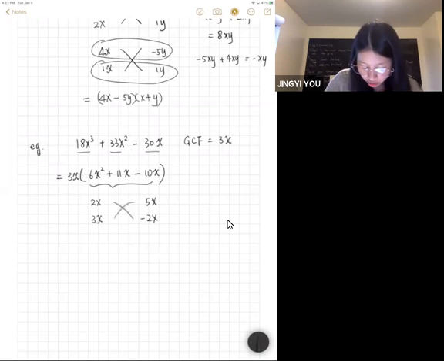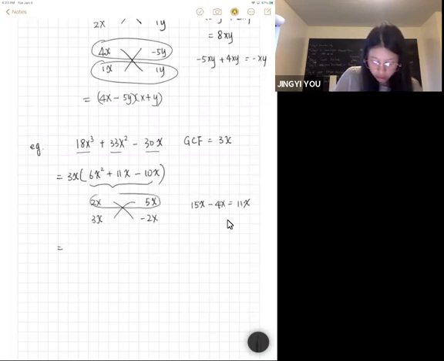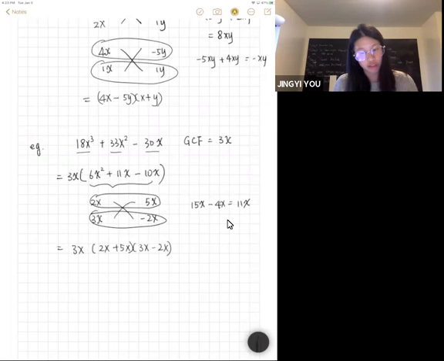And now I cross multiply, I have 15x minus 4x, which is 11x. So that means this group is something that we're looking for. And then we group these two. So I have 3x times 2x plus 5x, and then 3x minus 2x. So that's how you factor it out.